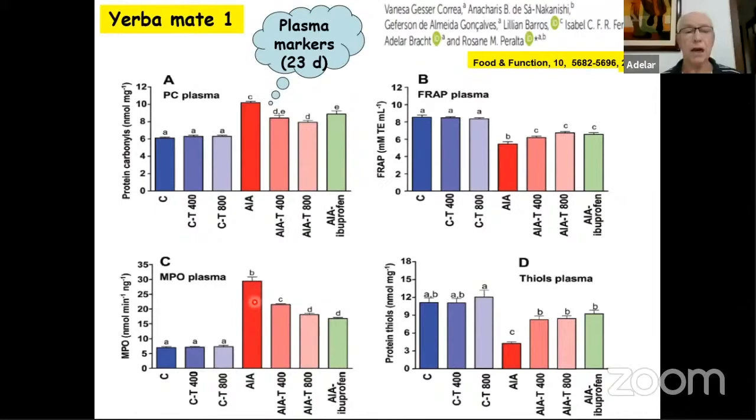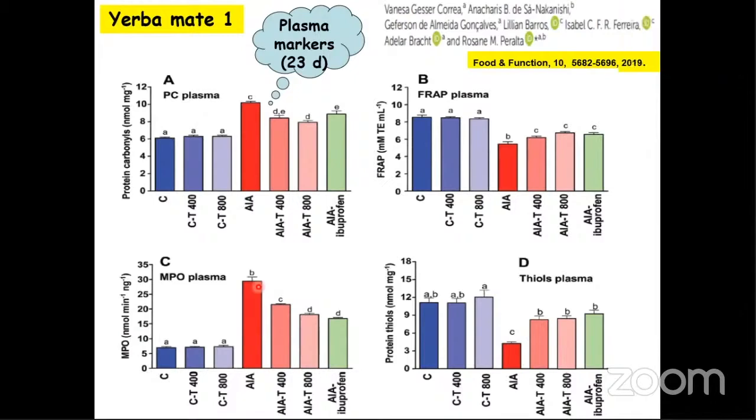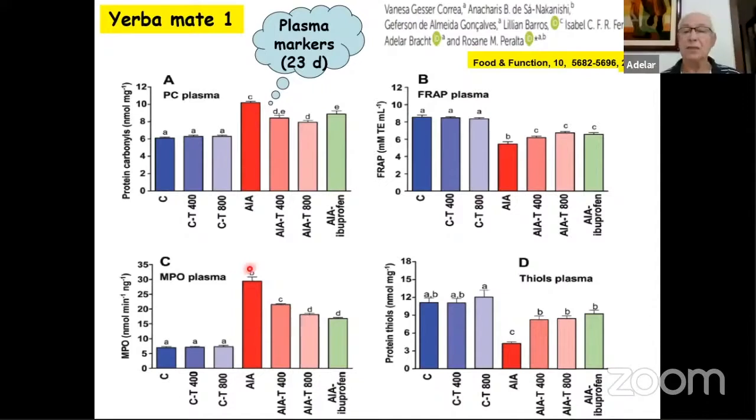So, arthritic rats present increased myeloperoxidase levels, decreased thiol levels in the plasma, and decreased FRAP reactivity in the plasma, which can be a measure of antioxidant capacity.